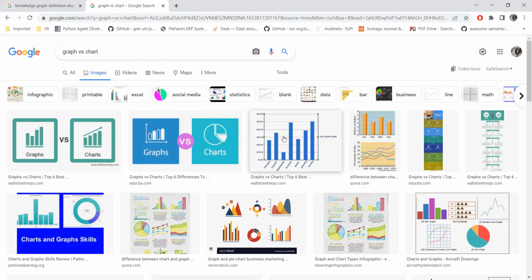Okay, so the fundamental difference between charts or plots and graphs is that charts and plots are a pictorial representation, as one of you said, but a graph is not necessarily a pictorial representation. Basically, it's about connectivity, or a graph shows you connectivity of the components residing within your system.